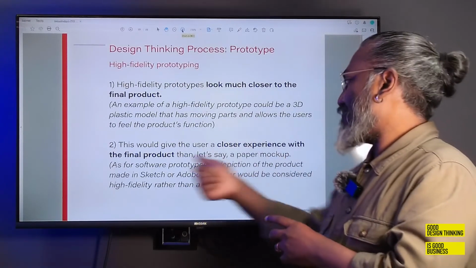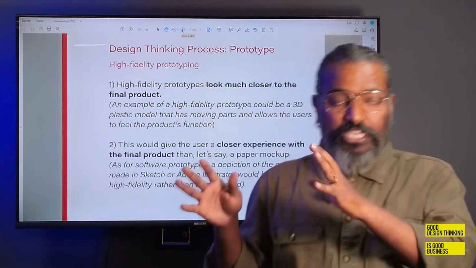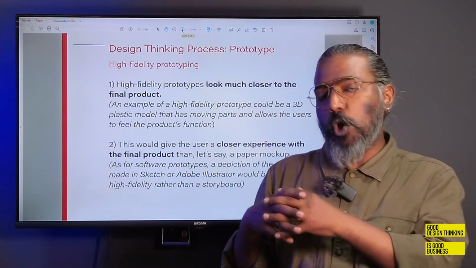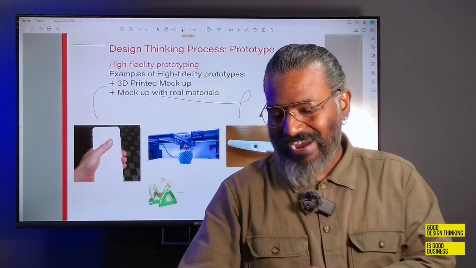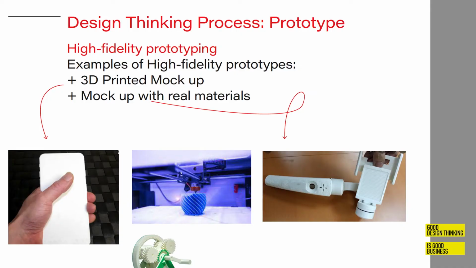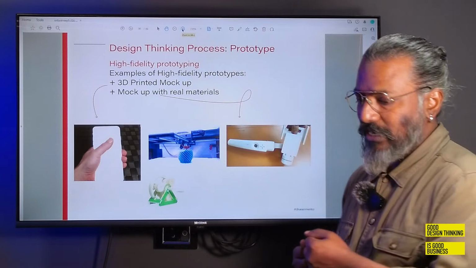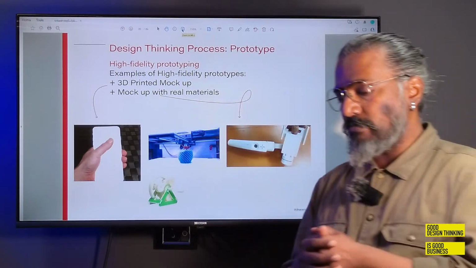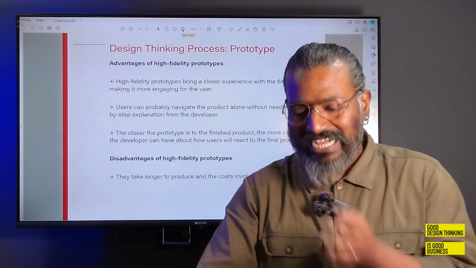If somebody is testing those cars, they feel that, oh, it's almost 90% how their final products will be. So whenever you use technology and material to print a prototype, you can consider it high fidelity, basically going closer to the real product.